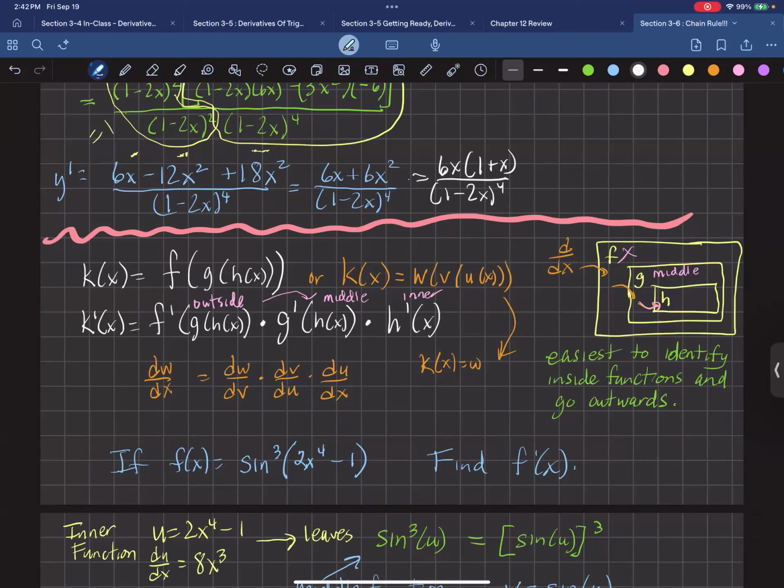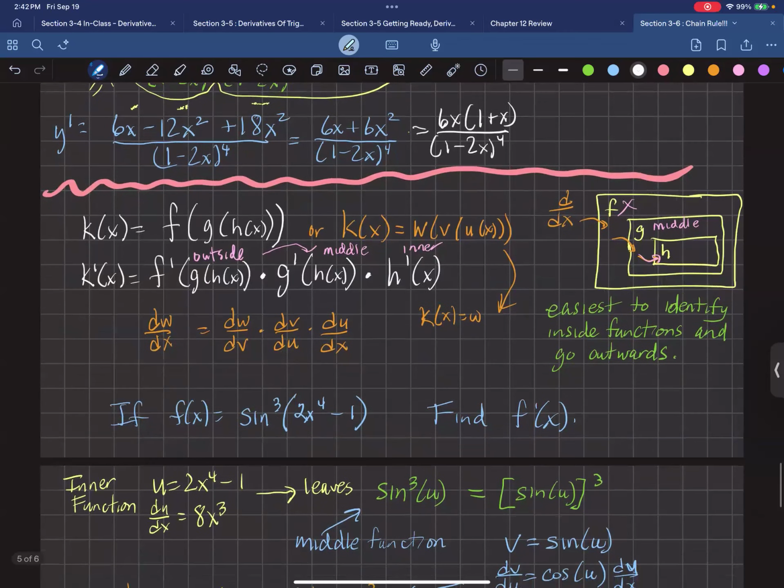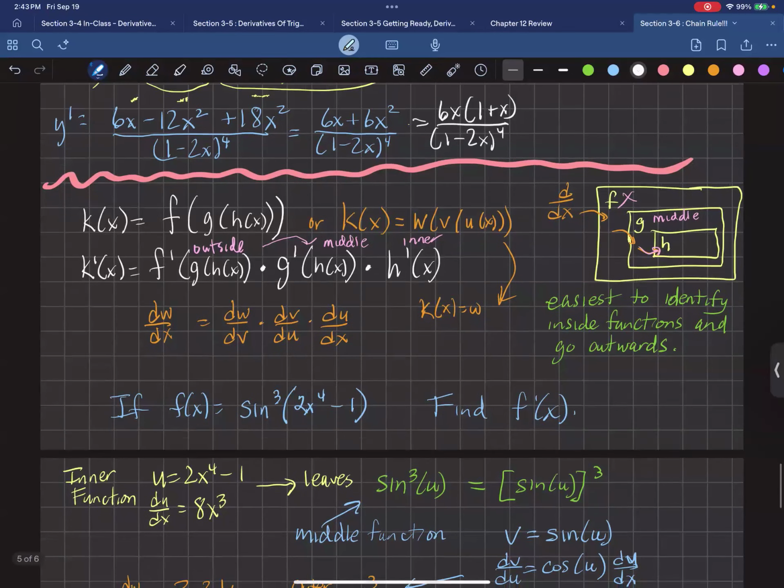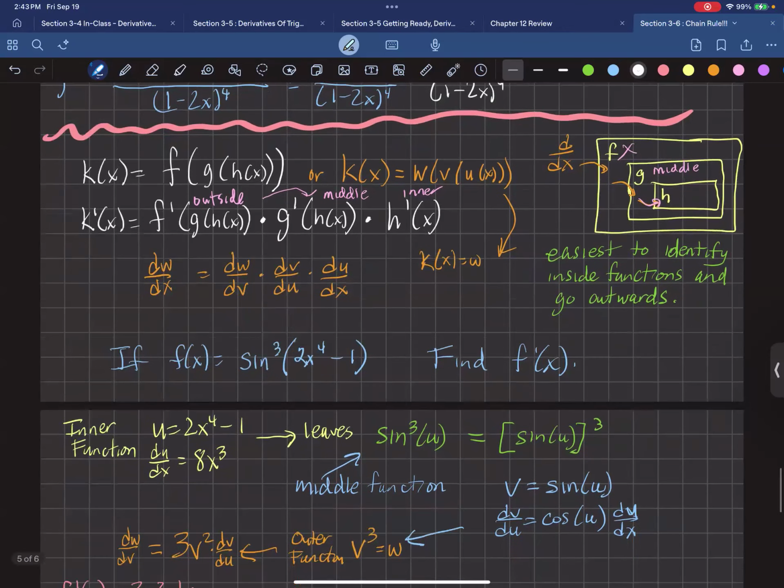So it looks like sine u is my middle function here. And I used v up above to represent my middle, so that's what I did here. I said middle was v equals sine u, and I needed a dv du, and that gives me cosine u du dx. But now I've got all this equal to v cubed, and v cubed is my outer letter w. So I need to take the derivative with respect to the previous letter. So dw with respect to the previous letter is with respect to v.